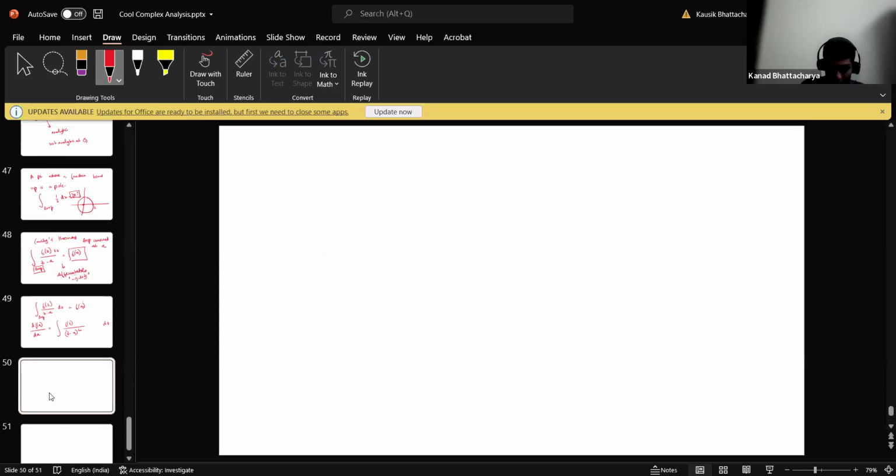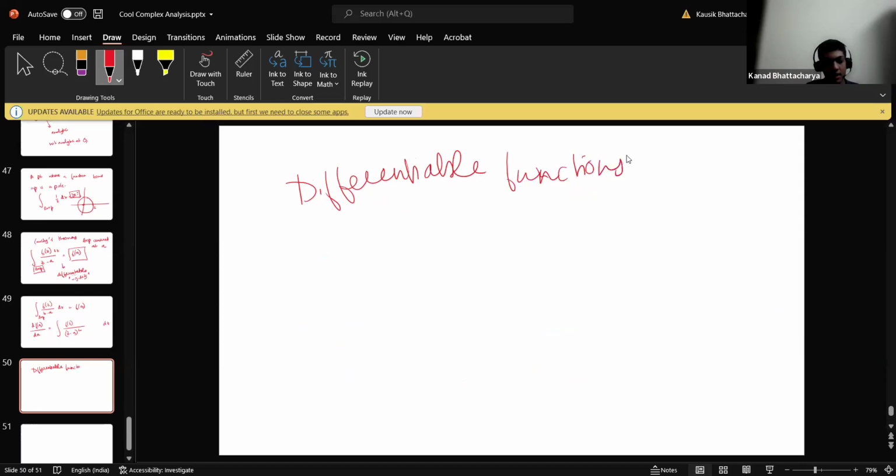And as a consequence, by the way, just to be clear, once again to reiterate the point, differentiable and analytic functions are the same thing in the context of complex analysis.